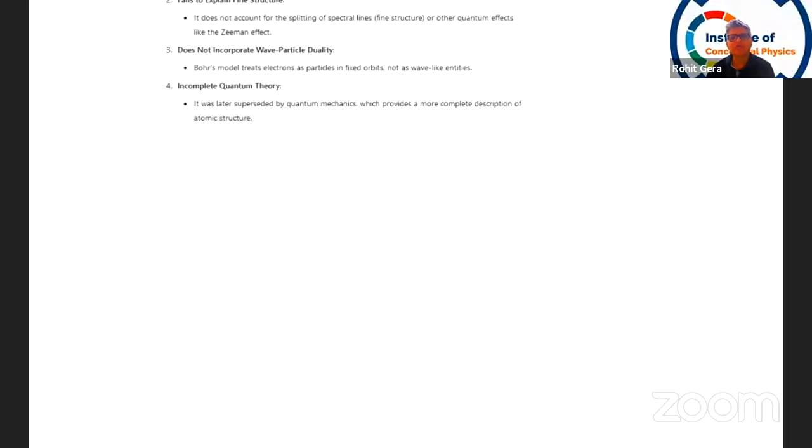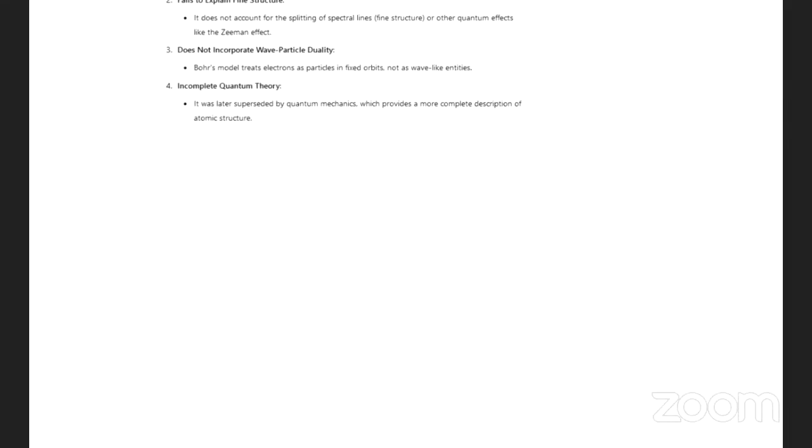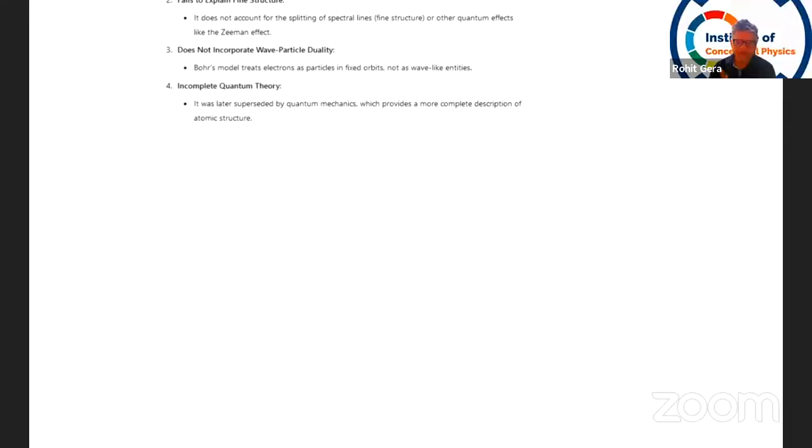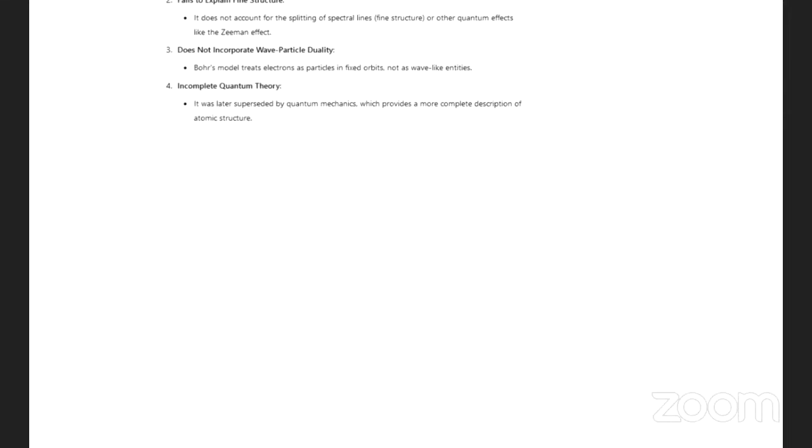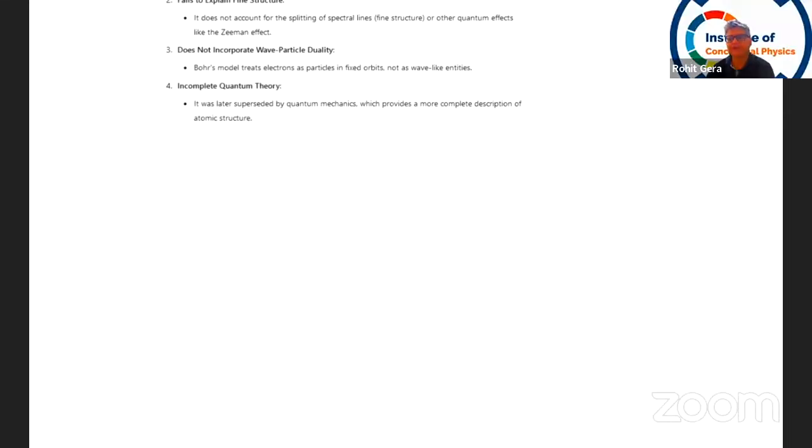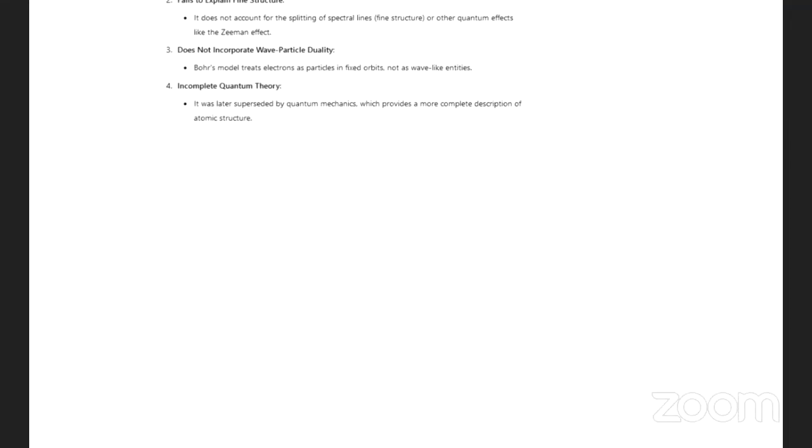But it was a very crucial step in the development of the atomic theory. He was actually quite close to it, not exactly the current quantum mechanics theory of the atom, but very close to it. So more or less, he developed at least the foundation.